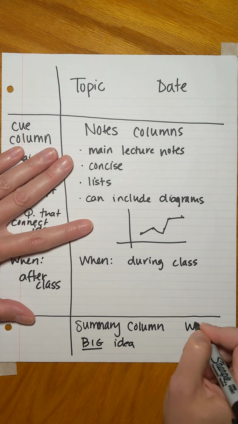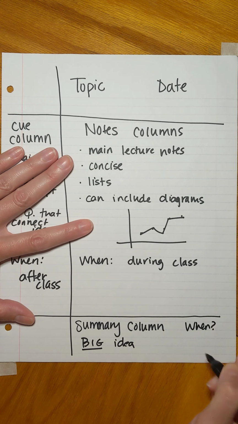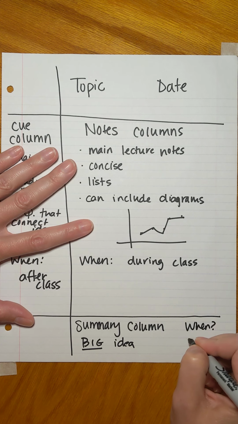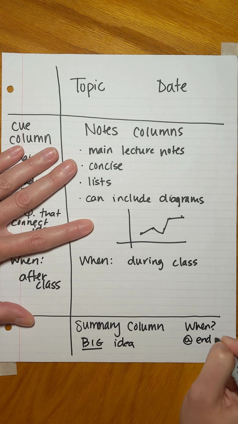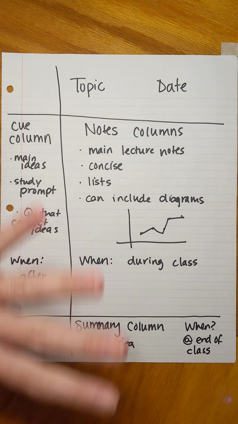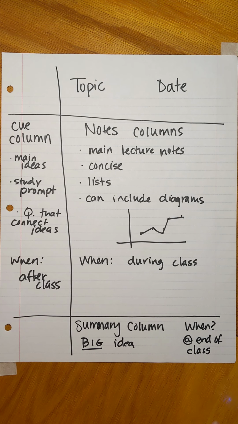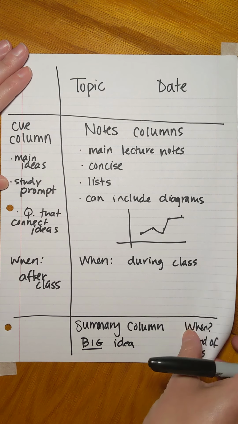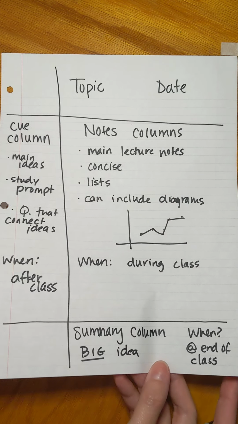And then when will we be filling this part out? That would be doing it maybe at the end of class or afterwards when you're studying the information. So this is the basic structure of Cornell notes. So if you're a person who really likes structure and linear thinking, then this is maybe a way you would like to organize your information.